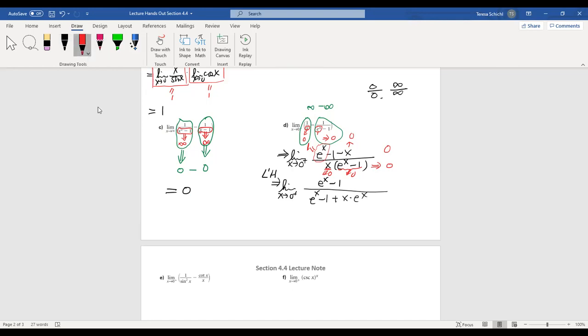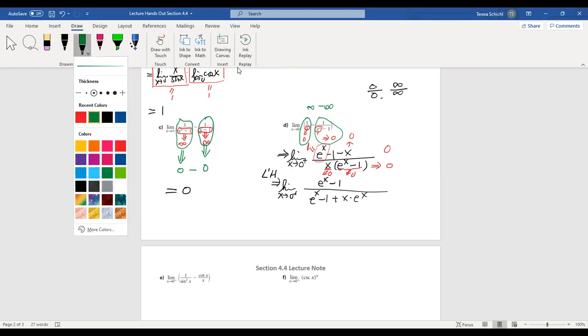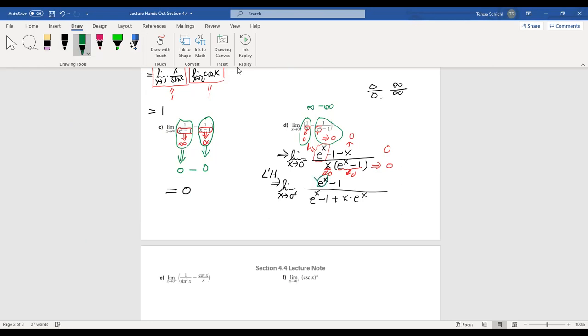All right, so x approaches 0, so this approaches 1. So what is this one approaching? It approaches 0. So 1 minus 1 plus 0, oh my gosh, it's 0 over 0 again.